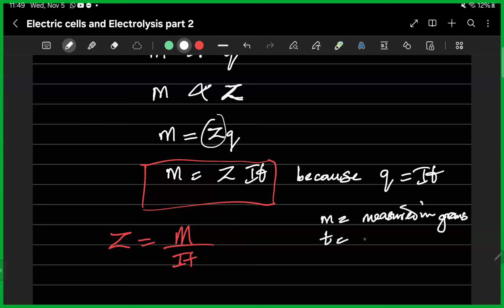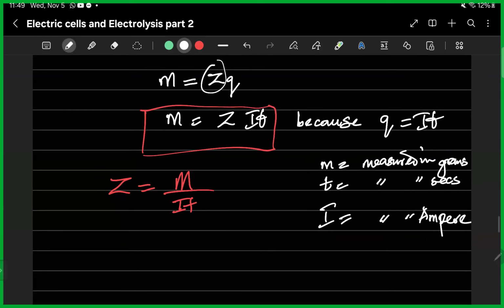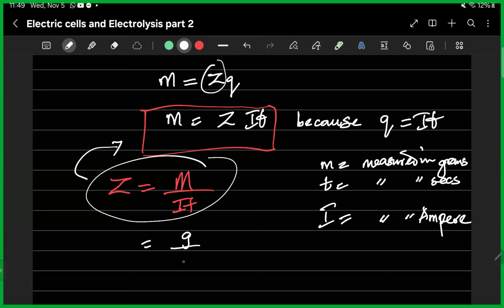T is measured in seconds. I is current measured in ampere. So if we go back to this formula here, where we just made Z the subject of the formula from the previous one, we have gram over coulomb.